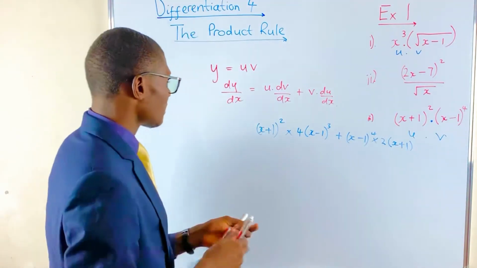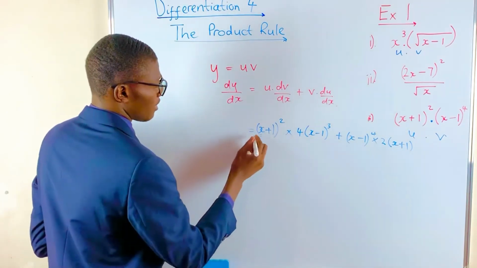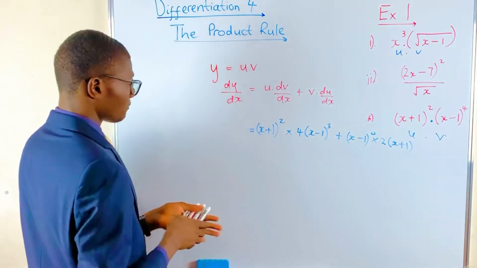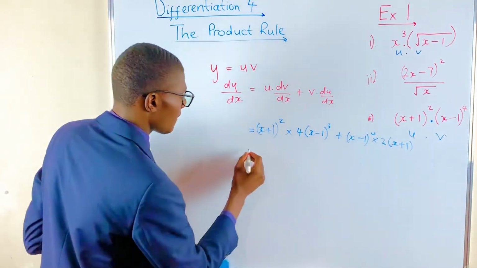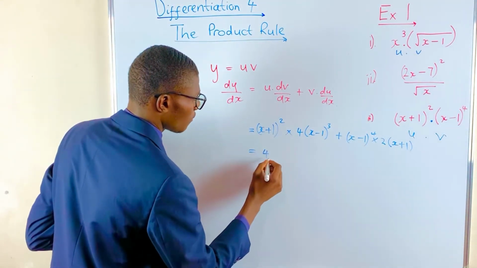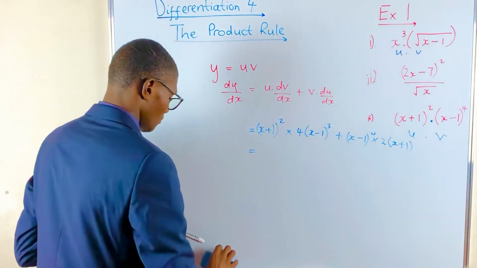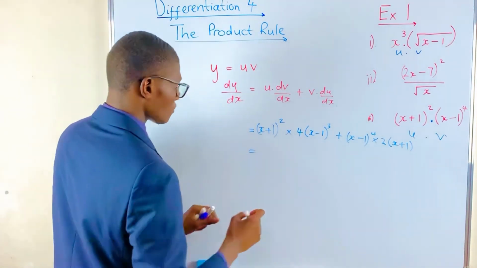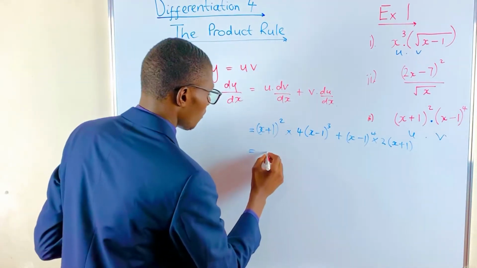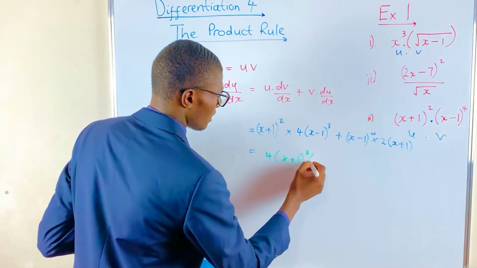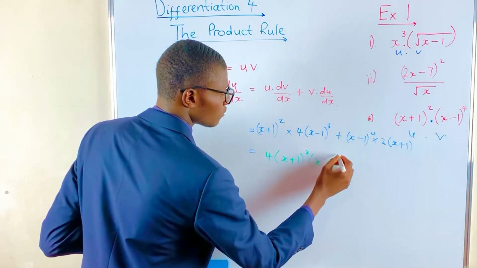So we can leave it like this, right? Which we can now further simplify to, let's see. So this will simplify to 4 times (x plus 1) squared, then (x minus 1) to the power of 3.